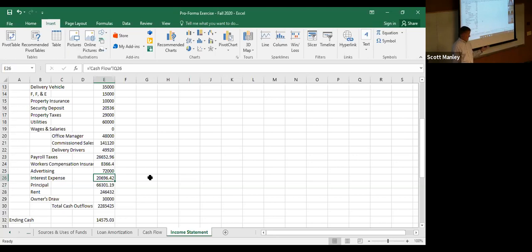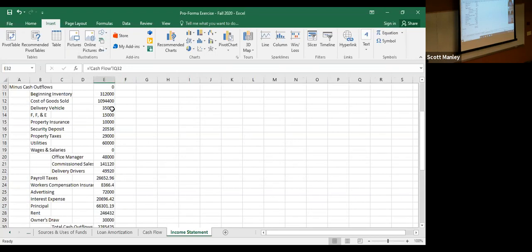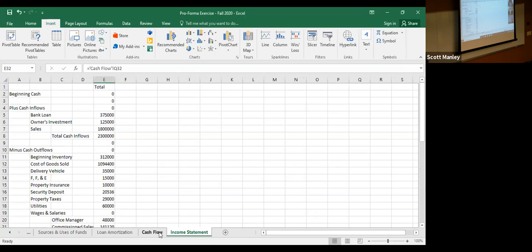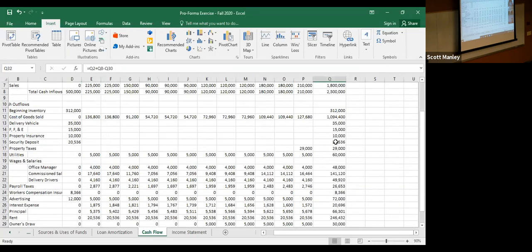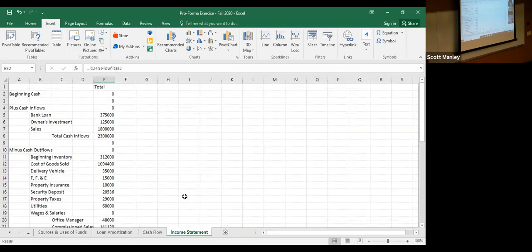Make sense? All I'm saying is I want to take this cash flow statement and copy over the calculated values, such that what I have in my totals column here is the same as what I have in my total column there.